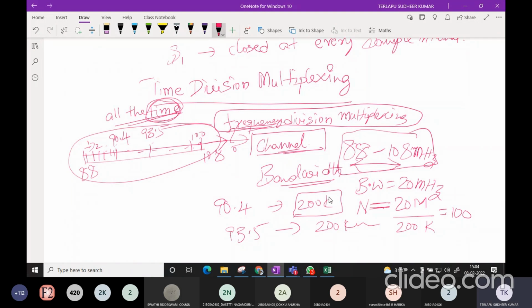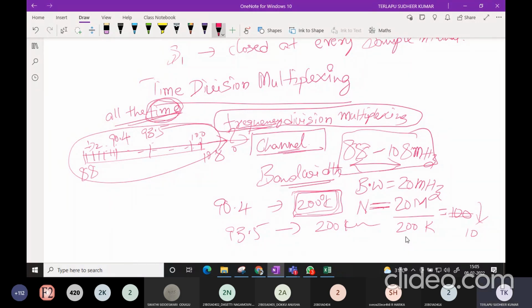But the problem is, one channel occupies 200 kilohertz. Assume instead of FM, if I go for cellular mobile, my required channel bandwidth is more. Instead of 200 kilohertz, assume each channel requires 2000 kilohertz. Then these 100 channels will now drop down to 10 channels.